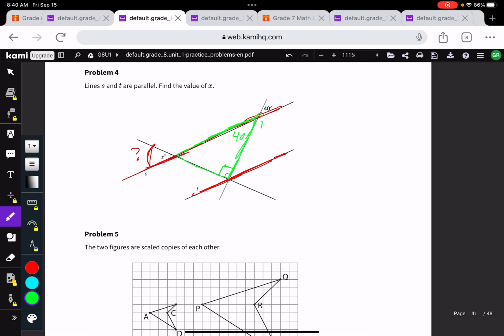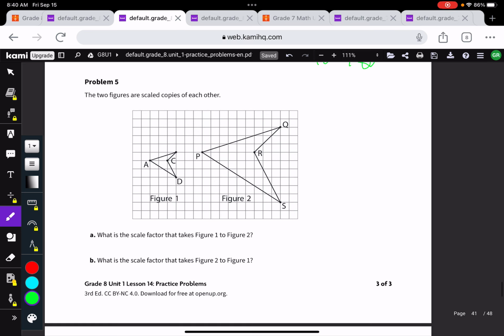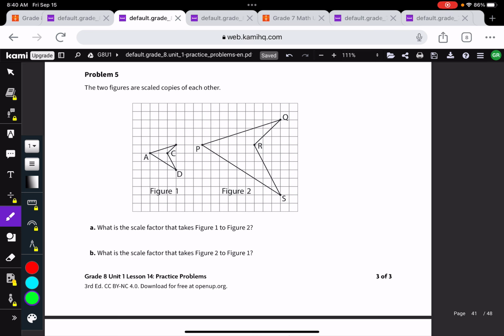And as I said earlier, all angles inside a triangle add up to 180 degrees. So once you can figure that out, you'll know what X is because of vertical angles.